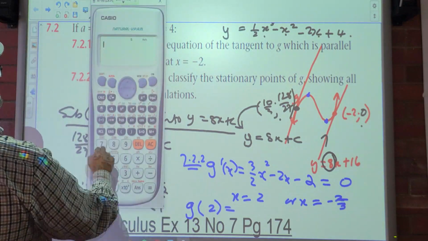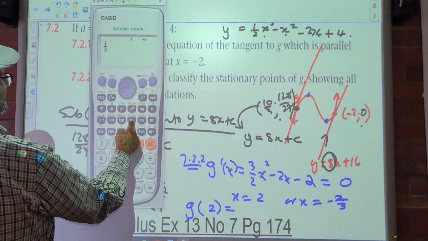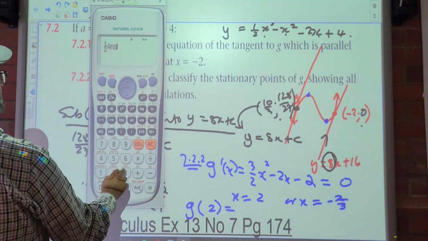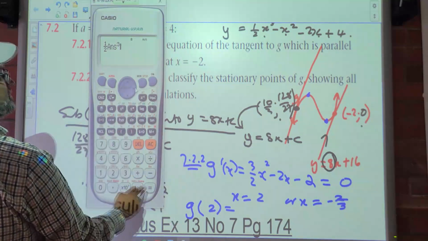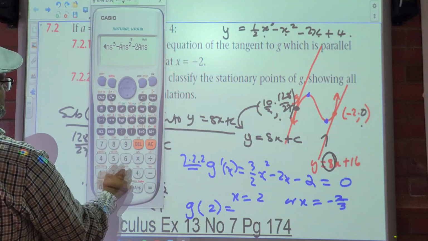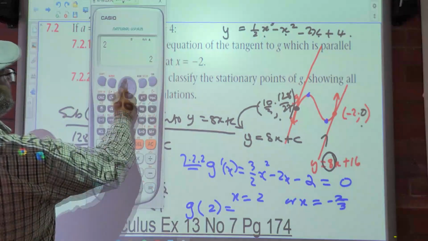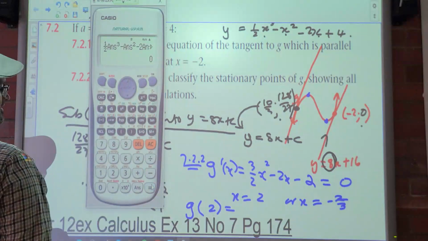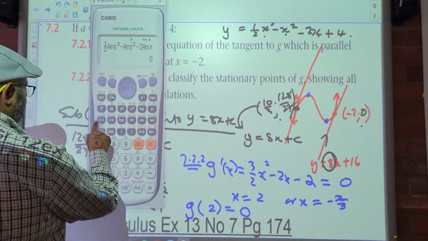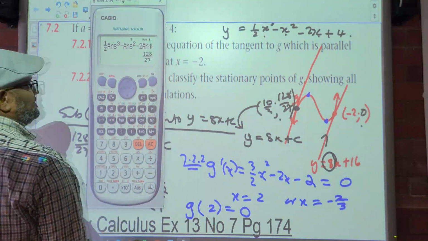So it's a half times answer cubed minus answer squared minus 2 answer plus 4. The first one, of course, x equal to 2, gives 0, but we should have known that already. Negative 2/3 gives us 128 over 27.